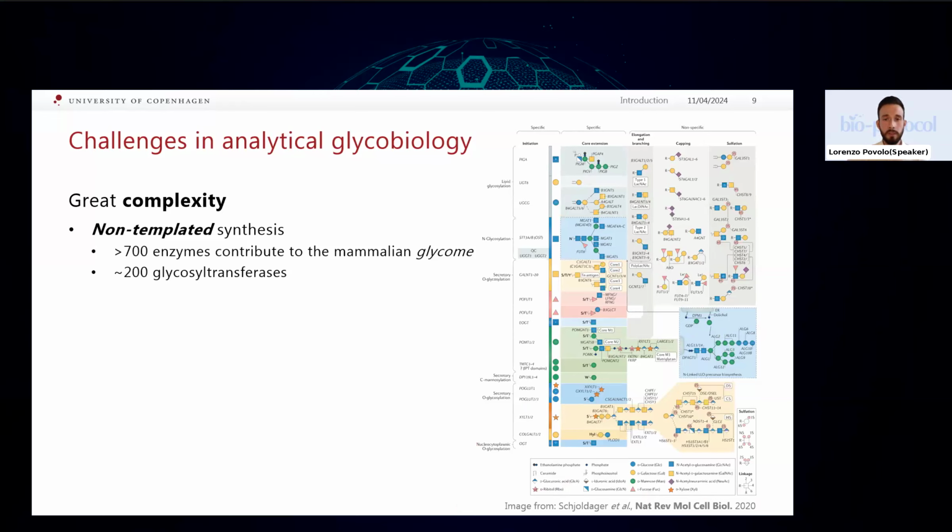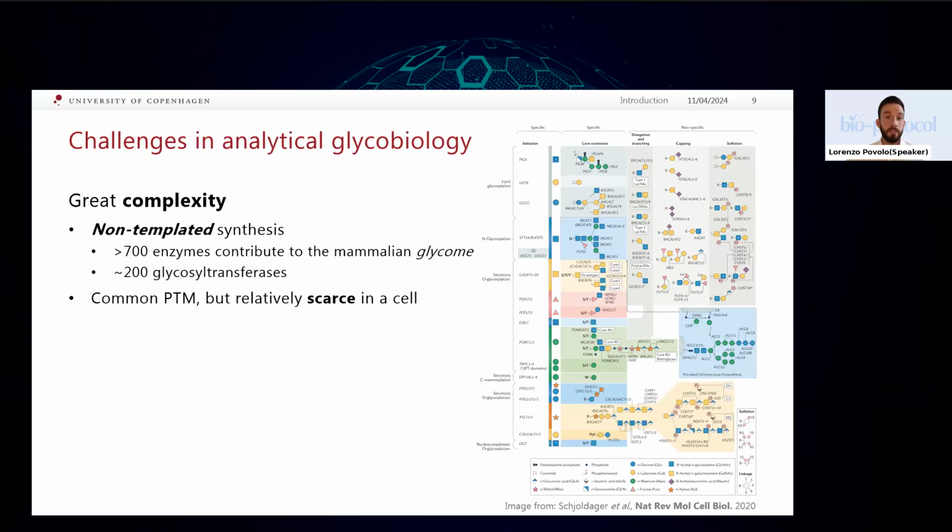Another source of analytical complexity comes from the fact that, despite being a common PTM, glycosylation is relatively scarce in a cell. If we compare it to the number of non-glycosylated peptides, glycosylated peptides are in quite a strong minority.